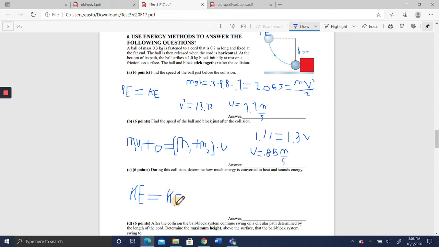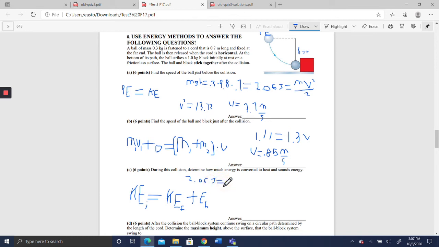So our initial kinetic energy plus our energy from heat, which is what we're trying to find. Our initial kinetic energy, we already know that. That would be the 2.06. We could also get that from doing our mass times velocity squared, since we know velocity, but this just makes it slightly easier.